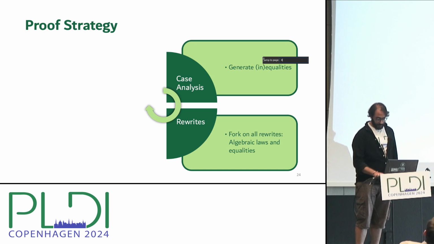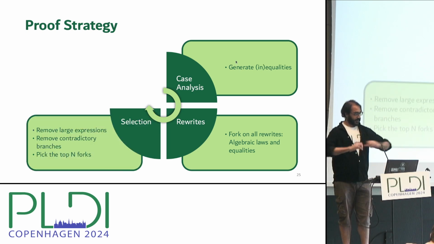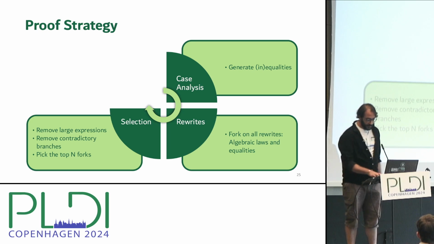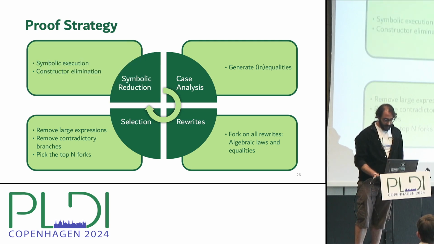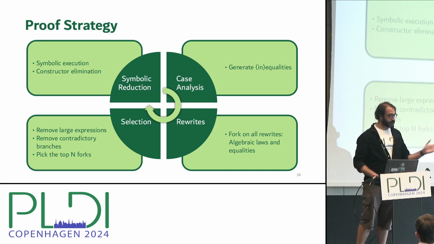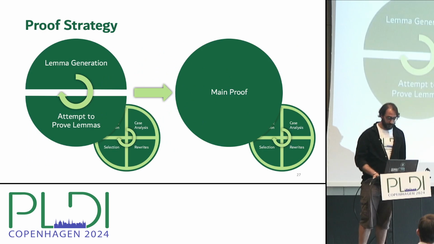Then, after exploring some of these rewrites, we select some interesting ones. More on this later. Then we do symbolic execution, and we restart until hopefully we've proven what we wanted to prove, or we get stuck somewhere, or we show that we cannot prove it.